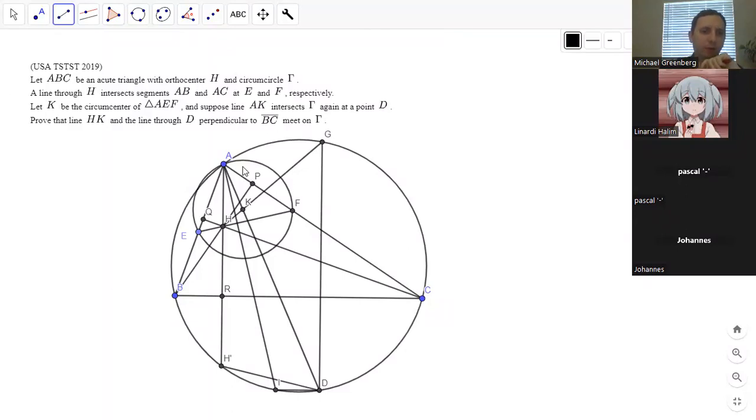So EF and AG would be parallel. So yeah, AGDH prime would be an isosceles trapezoid.